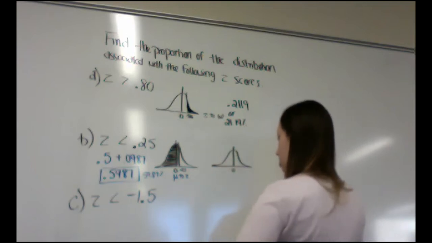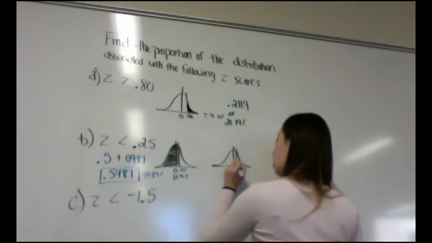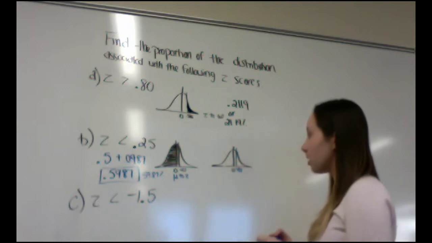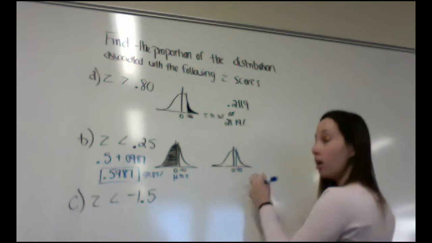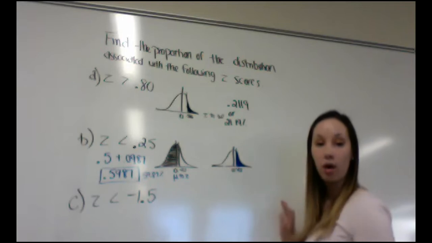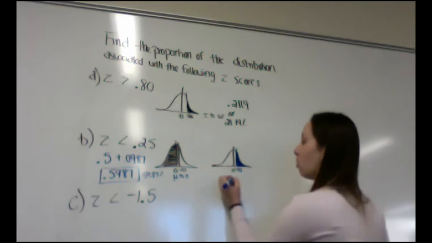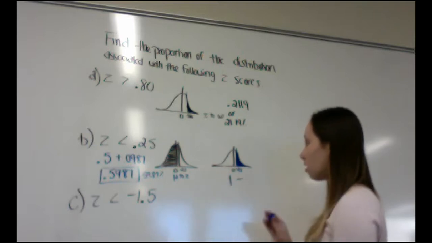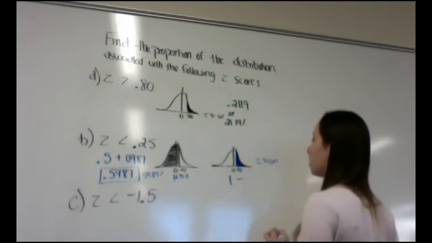The z-score that we're interested in is 0.25. So another way that you could do this is find z to infinity. So go the other way. This blue piece here, you can find this number and subtract it from 1, because this is the other piece of the distribution. So if we go 1 minus whatever our z to infinity is, it will give us the blue piece.